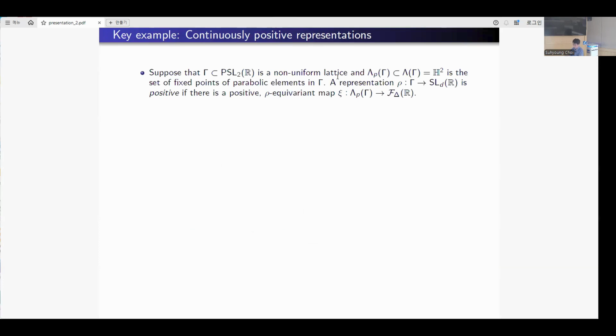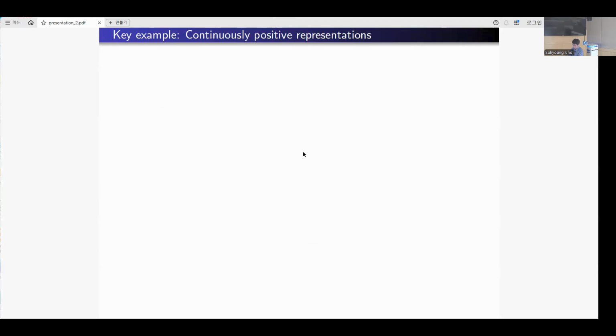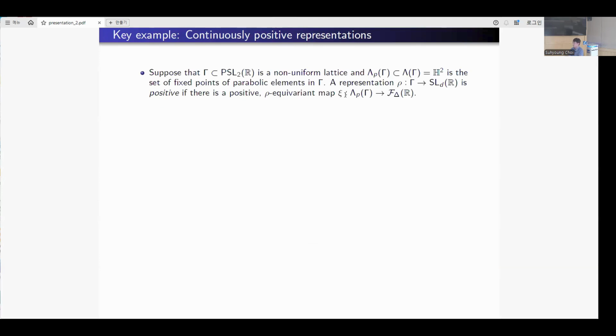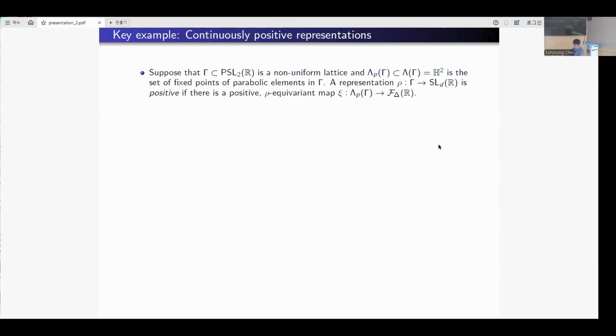A second difference is that when I define cusp Hitchin representations, my positive map goes from the entire limit set into the flag manifold, while for positive representations I'm just going from the fixed points of parabolic elements. Third difference, here I require continuity for my limit map C, but for the framing, you don't require any continuity.